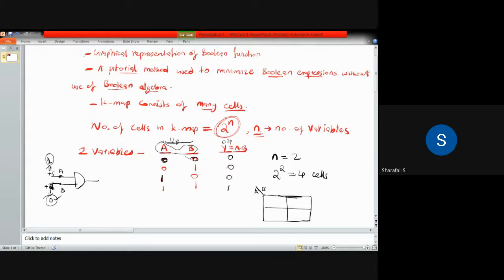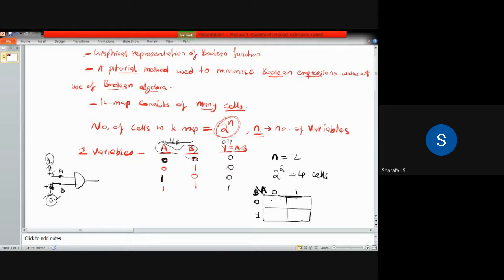You can consider it like this, or you can take your A value here and B value here. That is also not wrong. Both are relevant. Now, if you consider A and B values 0 and 1, in this case it is 0, here it is 1, here it is 0, this is 1.